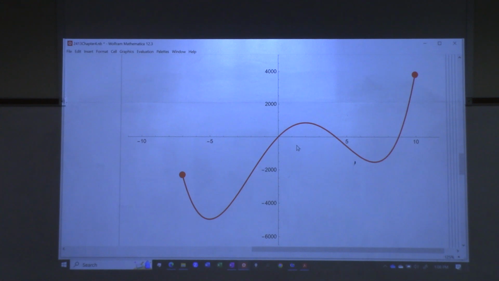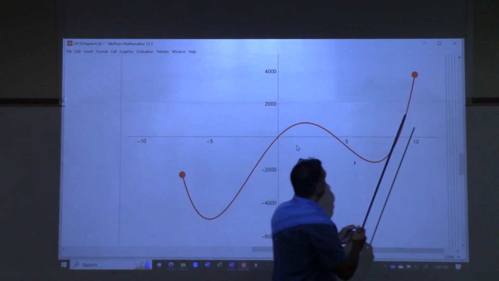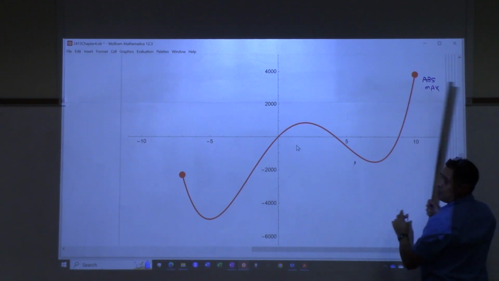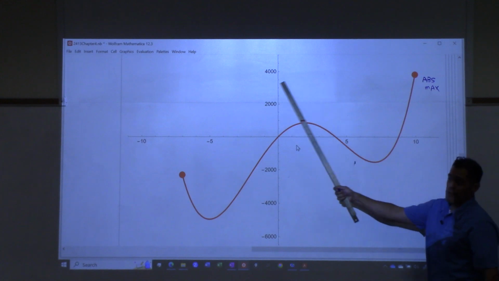All right, let's start with absolute max and absolute min first. Does this function have a highest point somewhere? Where is it? At the right endpoint, right? This right endpoint would be the absolute max. Now, when we say absolute max, again, we're talking about the Y value, whatever that Y value is.